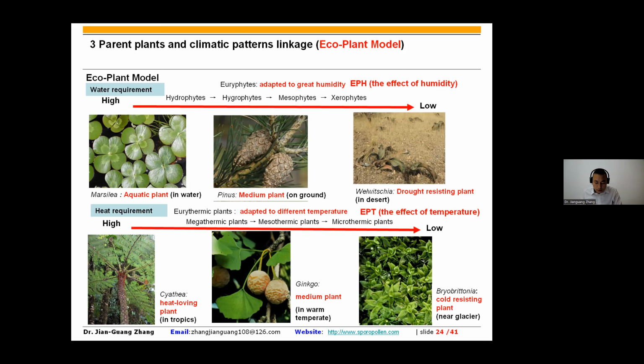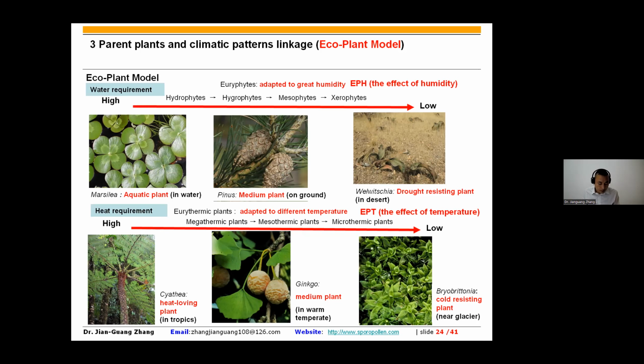The ecoplant model has been widely used for extant, Cenozoic, Mesozoic, and Paleozoic environmental reconstructions. According to hydrologic and temperature conditions, the ecoplant model classifies plants into different groups due to the effect of humidity and the effect of temperature, according to their climatic preferences.